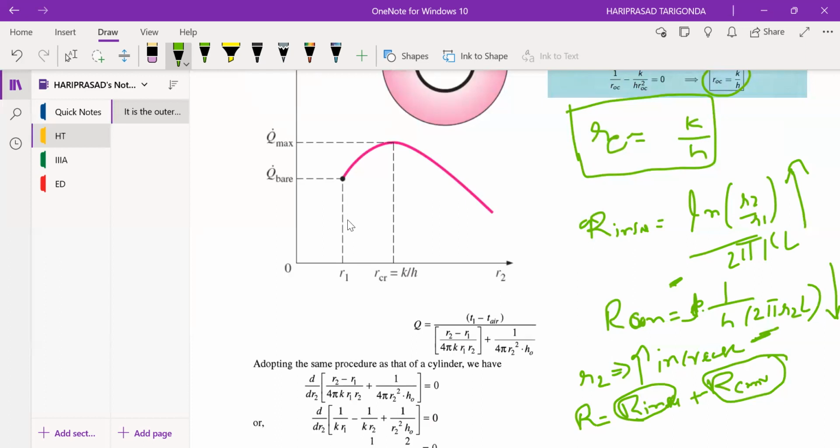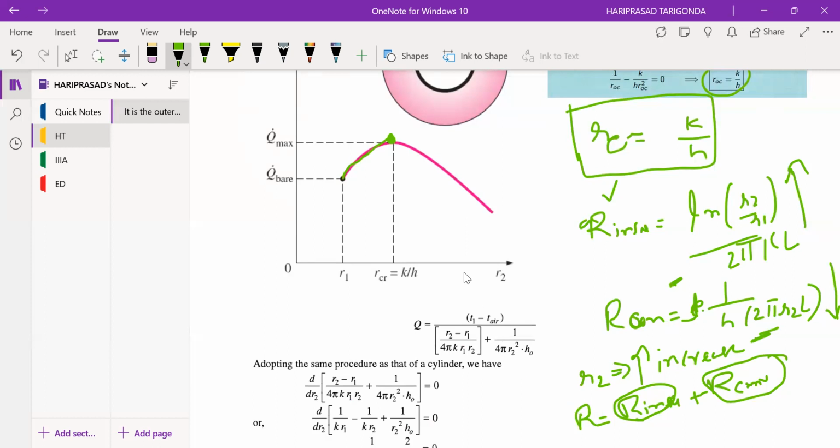So this results in a decrease in resistance. When there is a decrease in resistance, the heat transfer rate will go on increasing and reaches the maximum value. When it reaches a sufficient radius, then R insulation will be dominating, and R insulation increases faster than R convection, resulting in an increase in resistance.